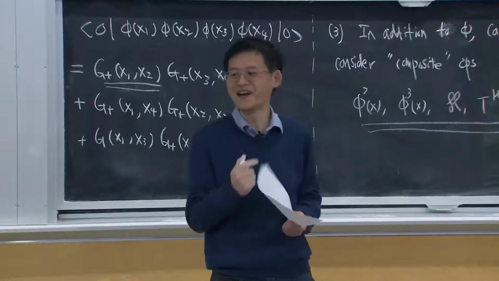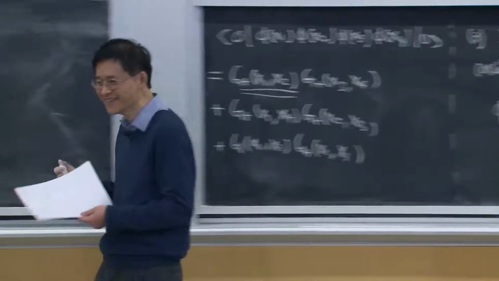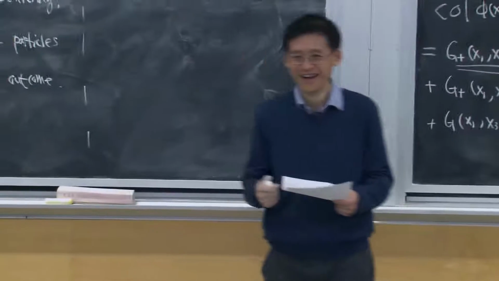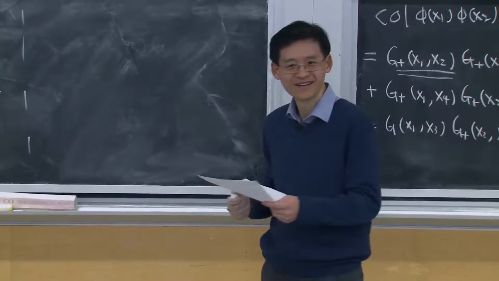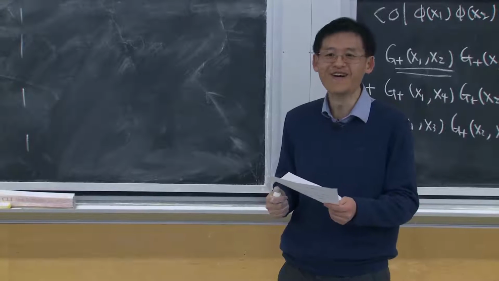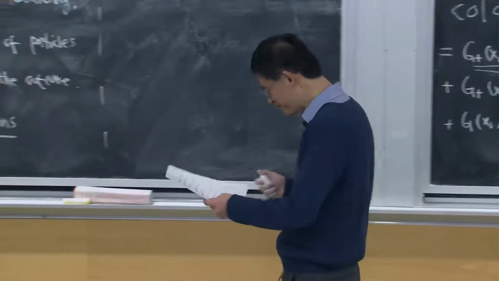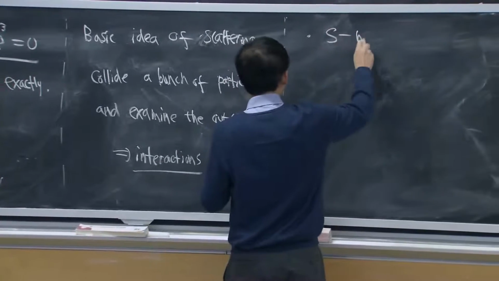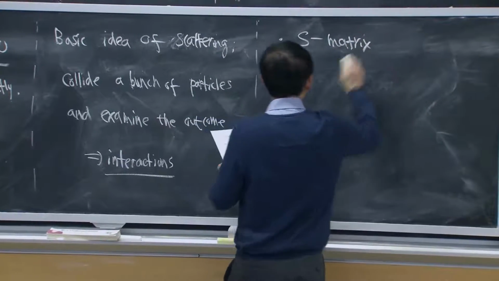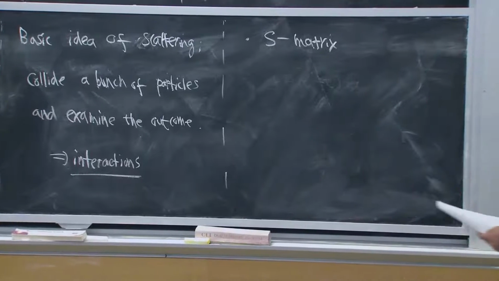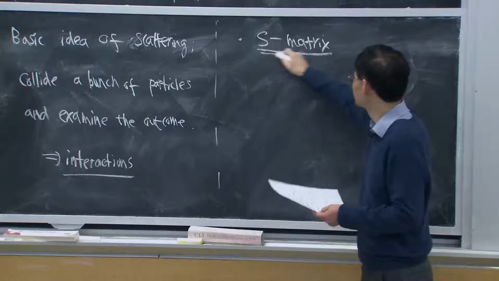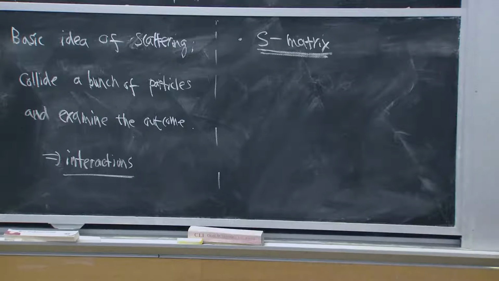That's fancier, but not fancy enough. It's called the S matrix. No, I said S matrix, but I didn't say it loud enough. Oh, okay. Yeah, just be braver next time. So one of the key observables for scattering is the so-called S matrix.